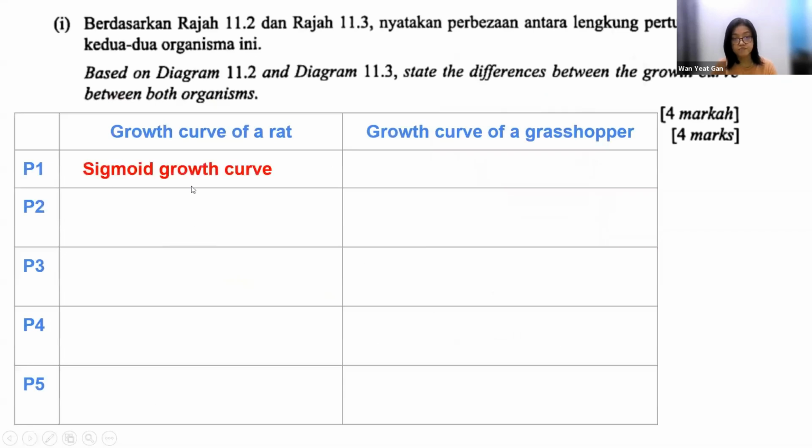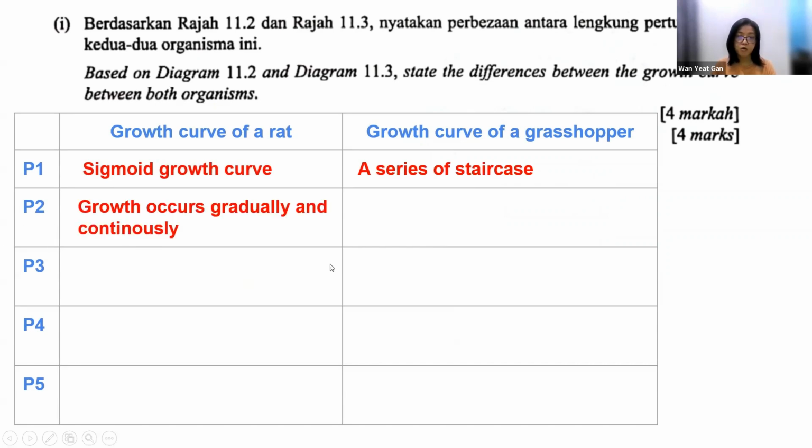Okay, so the growth curve of a rat is sigmoid. The growth curve of a grasshopper is a series of staircases. Growth occurs gradually and continuously for the rat. Okay, so it's a slow increase, whereas the growth curve of a grasshopper is intermittent. That means it's discontinuous. It grows and then it stops. It grows and then it stops. So it's like a series of staircases.